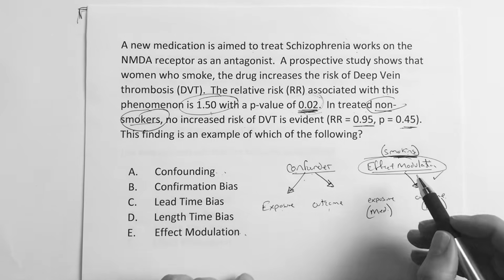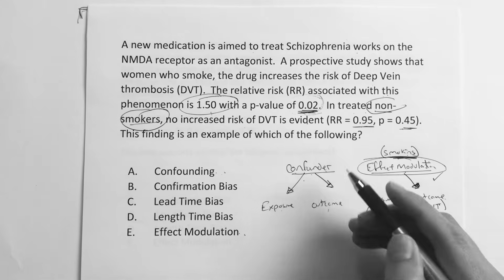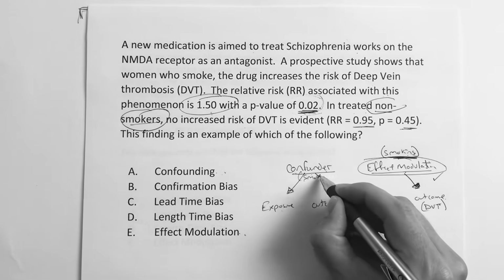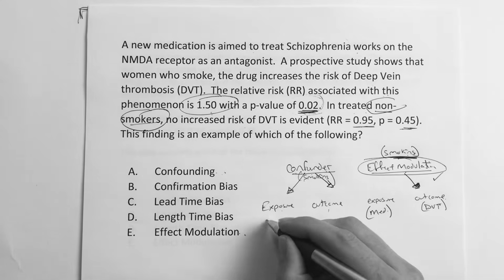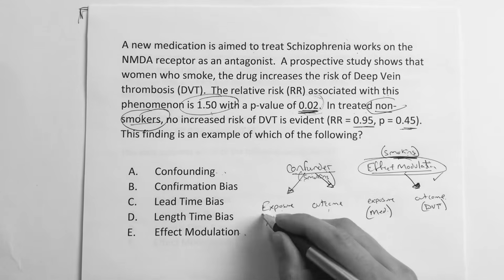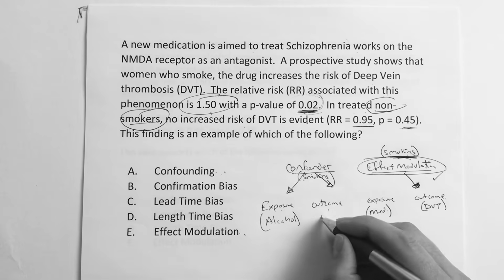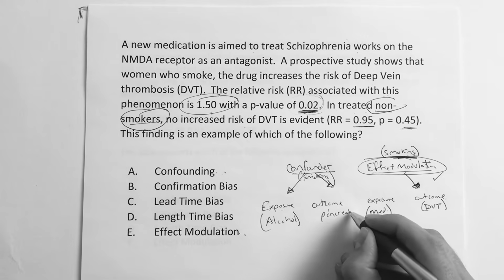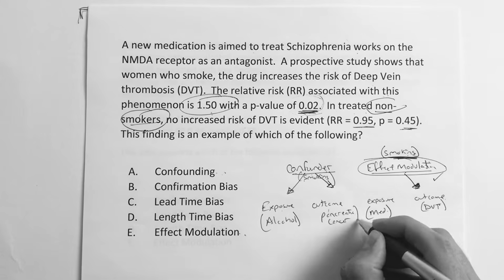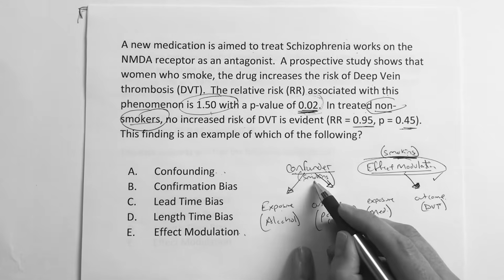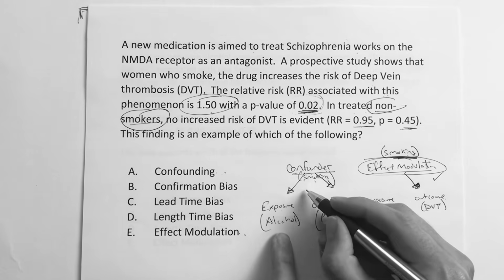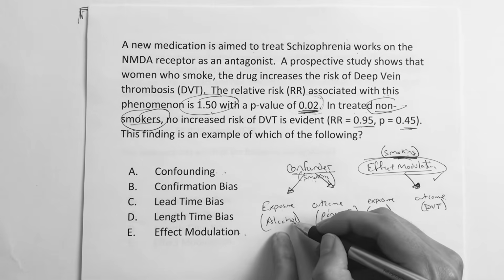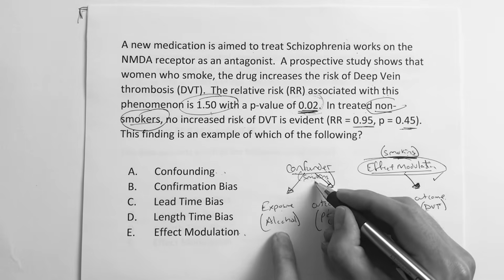Now, think of it like this. With a confounder, the most common one they like to use is smoking. Think if they did a study on whether alcohol increases the risk of pancreatic cancer. If you did that study and then teased out smoking, could you say that smoking affects alcohol? Well, yeah, chances are if someone is an alcoholic, there's an increased level of smoking.